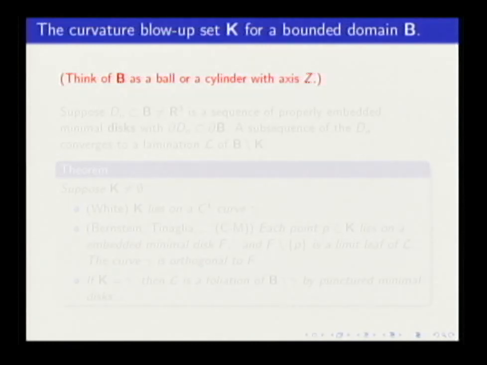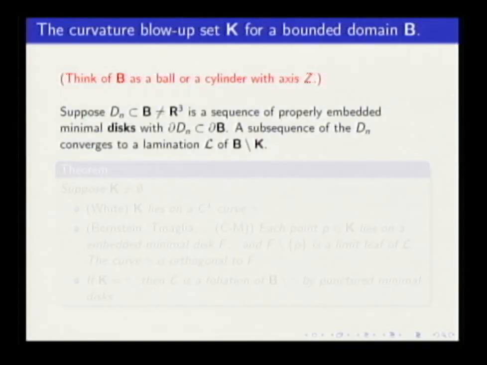Okay, so let's now think about the curvature blow-up set in a simple case. A convex domain whose closure is compact in R3. So take a sequence of properly embedded minimal disks whose boundary lies on the boundary of this set.